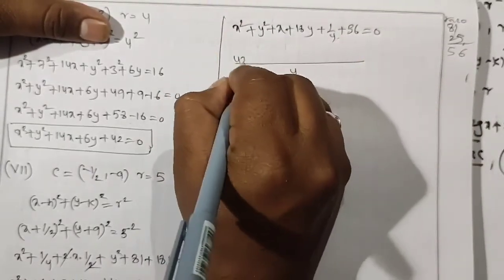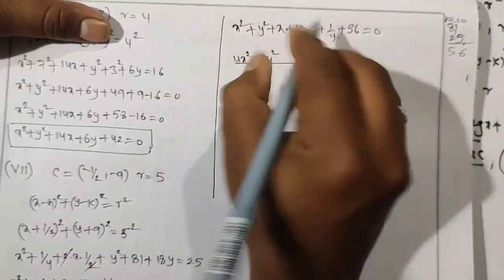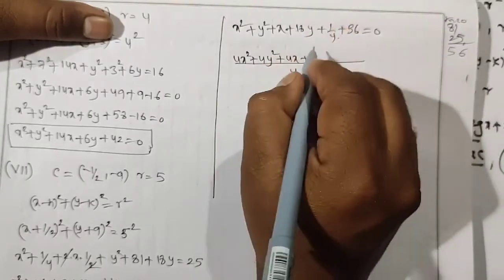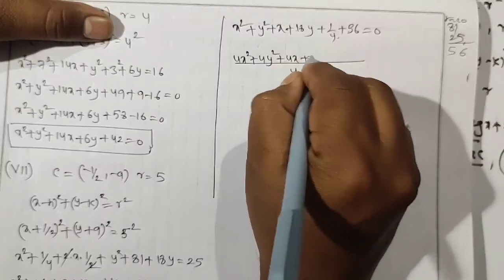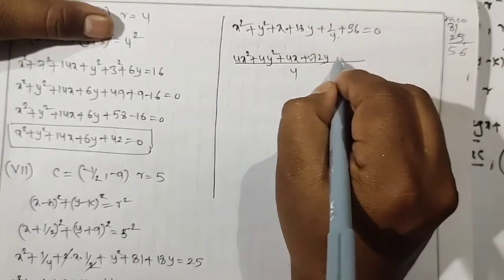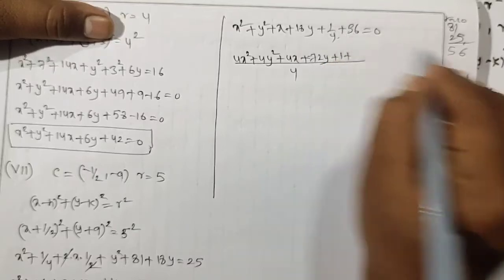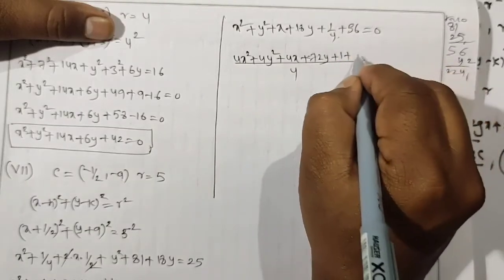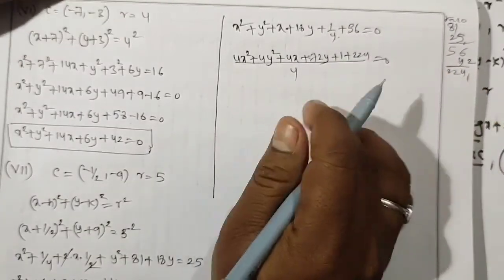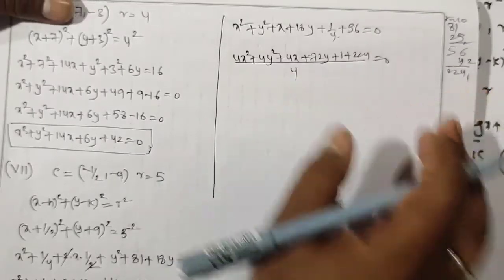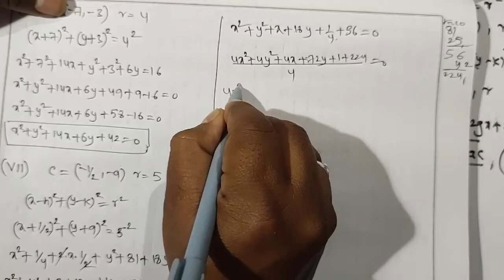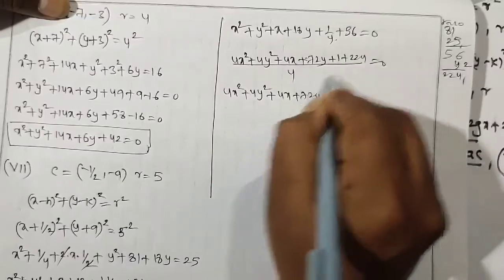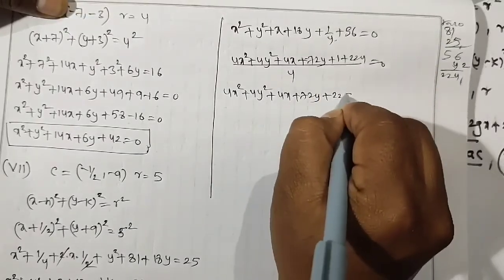Then we get 4x square plus 4y square plus 4x plus 72y, and then plus 1 plus 56 times 4, which is 224, equal to 0. Then when we multiply through by 4, the right side remains 0. So we get 4x square plus 4y square plus 4x plus 72y plus 225 is equal to 0.